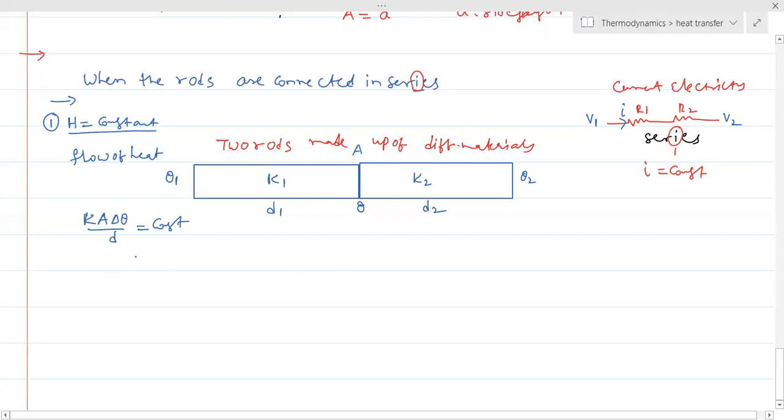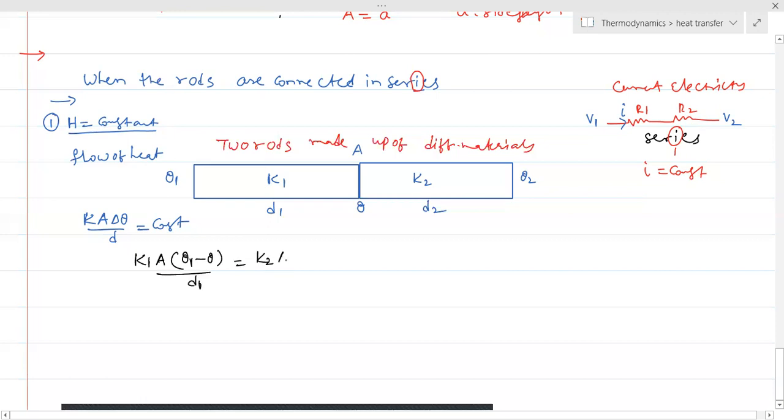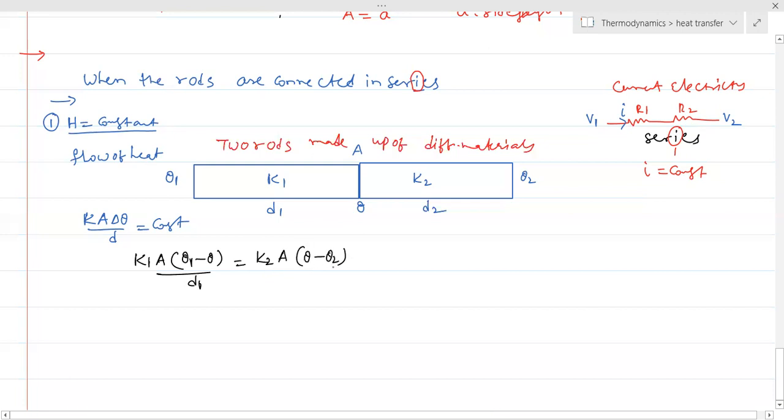So we will take K1 into area, that is K1 A (theta1 minus theta) by D1, equivalent to K2 into A into (theta minus theta2) by D2.